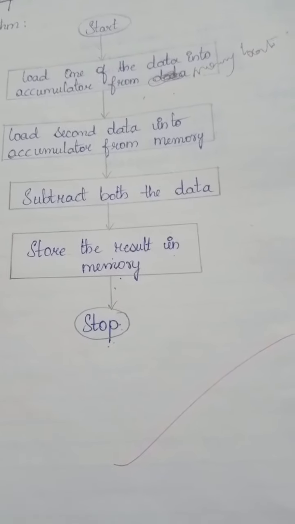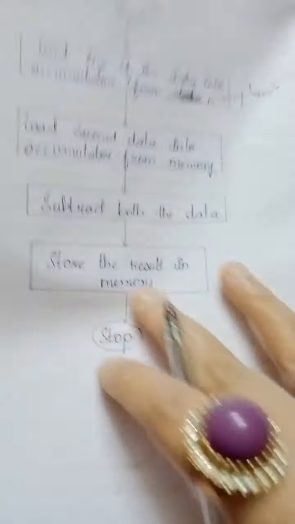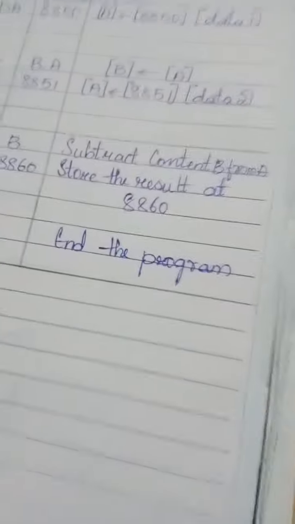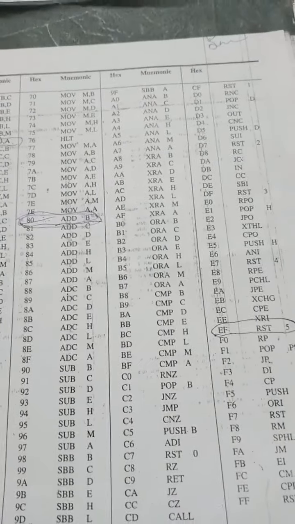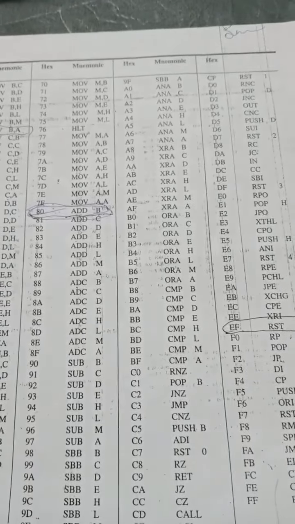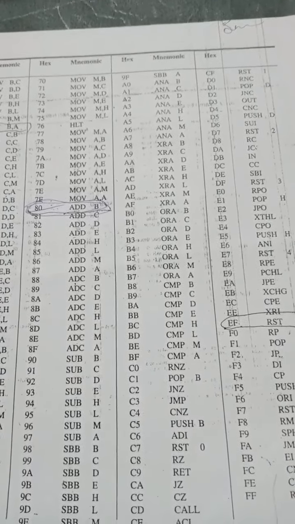Now we will write the program for subtraction of 8-bit numbers. For writing it, all of you please remember this hex code sheet. It is important, because when you are writing the program, you have to remember the hex code sheets also.